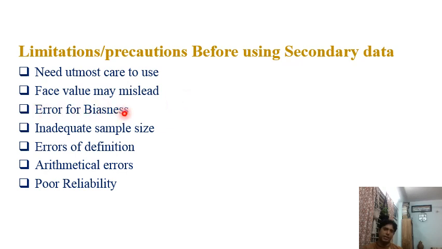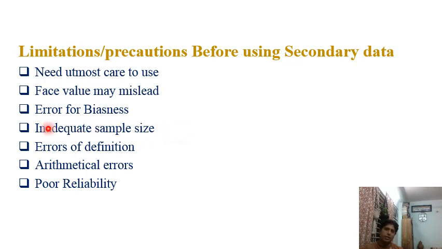Error for biasness. Sometimes data that are already used may be based on some biasness. So when we observe some biasness, we must skip this data. Inadequate sample size. Sometimes the secondary data sample size may be small, but the users require a big sample size.